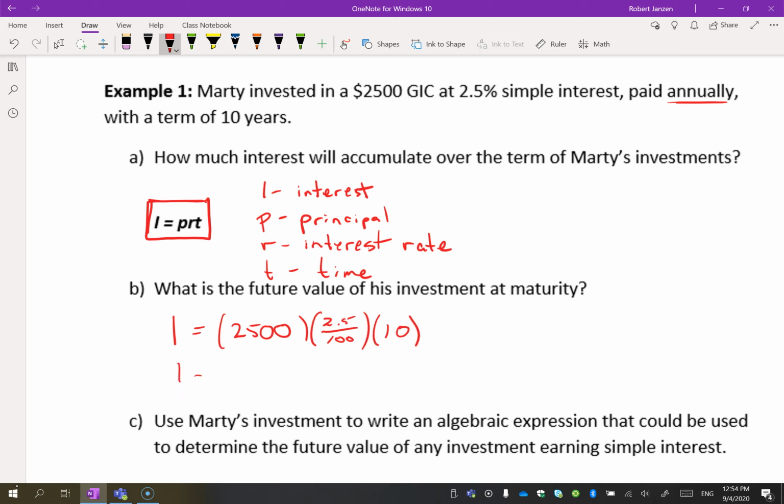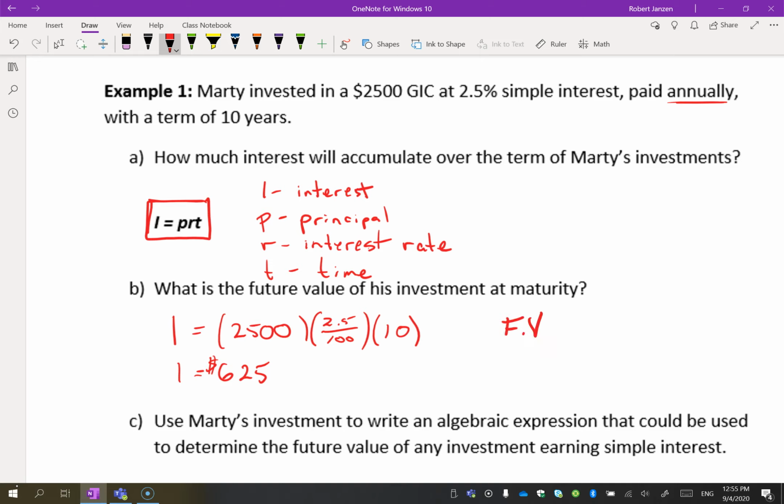Okay, and if we put this into the calculator, you should get used to your calculator. We end up with $625. That's the interest. That's how much money you would be paid if you invested that much money. That is not the future value.